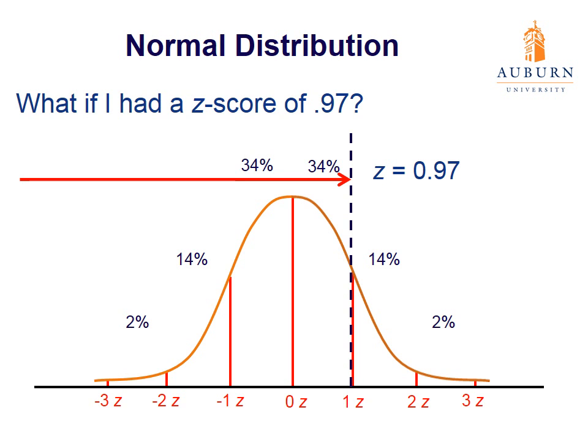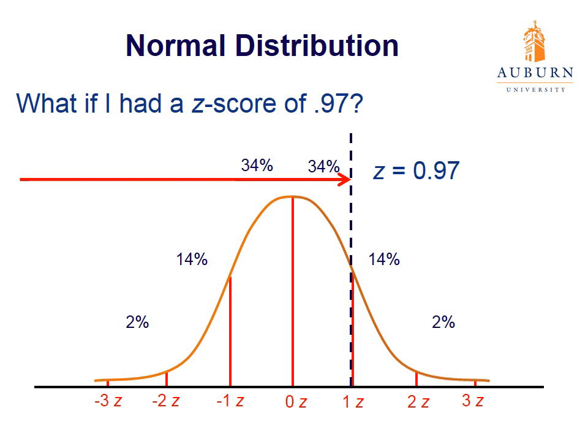So we now want to find the percentile for this z-score of 0.97, in other words, for this person who has a z-score of 0.97 in height. And so we can place this z-score of 0.97 on our normal distribution, and again it falls right before a z-score of 1, and we want to know what percent of the population falls below, or in other words, is shorter than this z-score of 0.97.